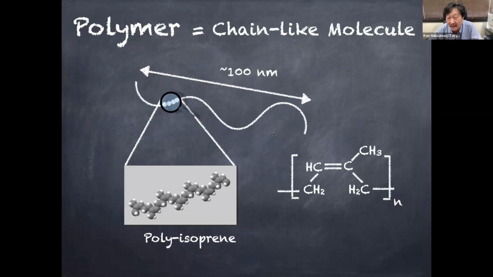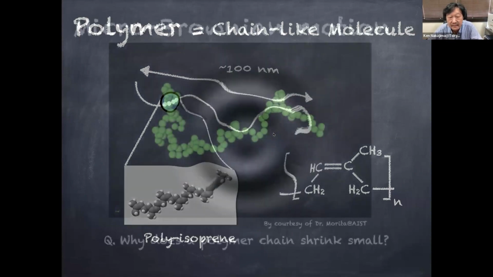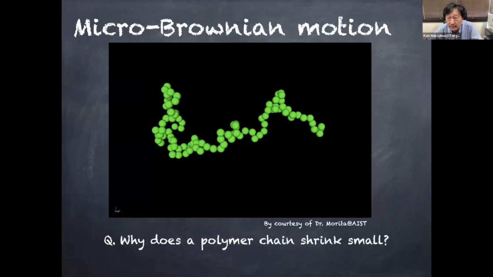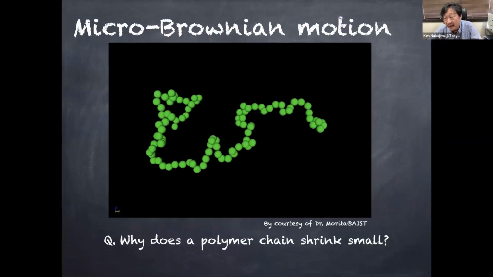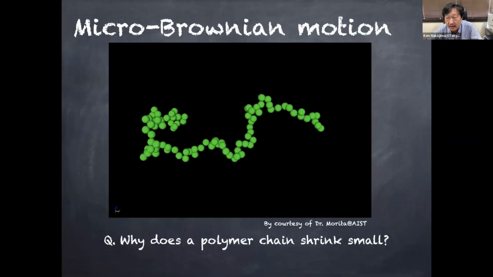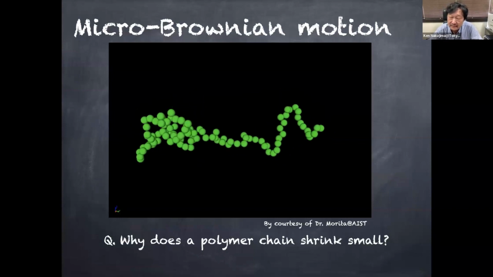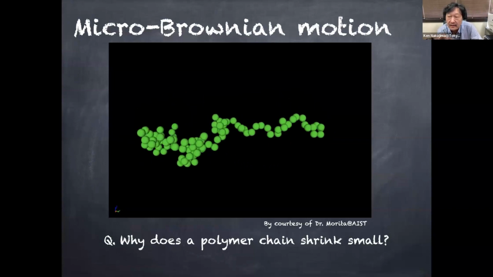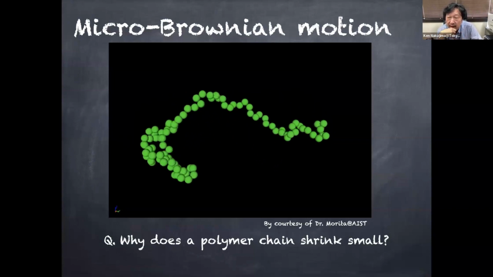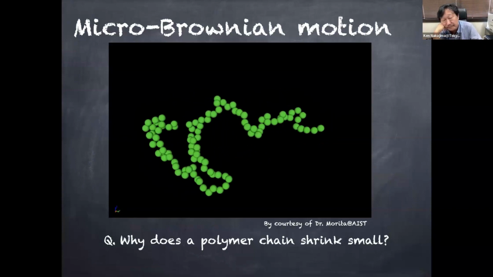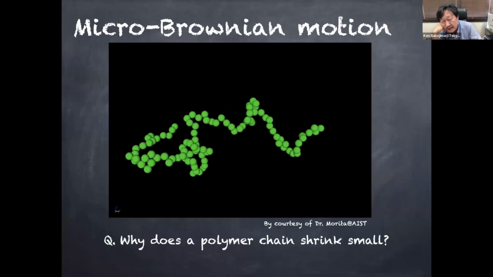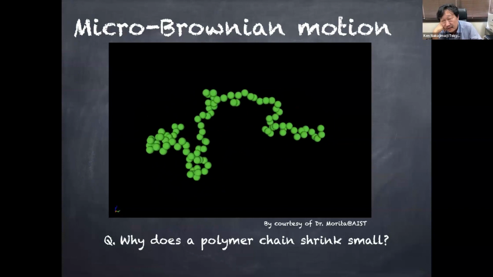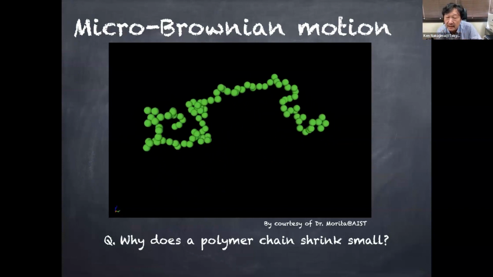But the story is interesting. Let's start to see. First of all, please have a look at this. No, it's not a cartoon. Sorry, a movie calculated by computer scientists. So this is a kind of revisit of the polymer chain motion reproduced in a computer, which reflects the actual dynamic process of a polymer chain.